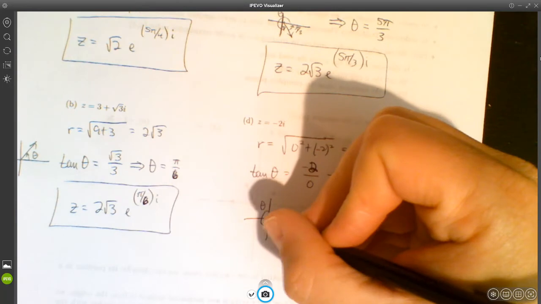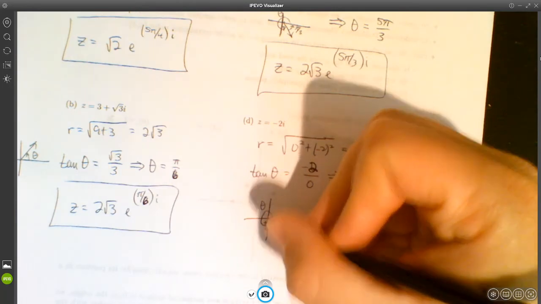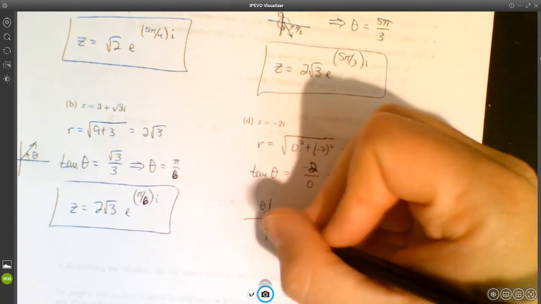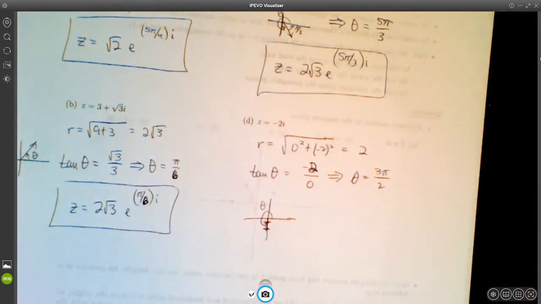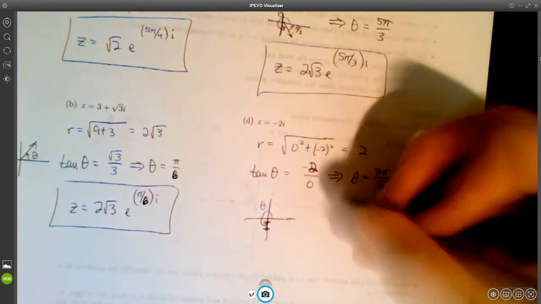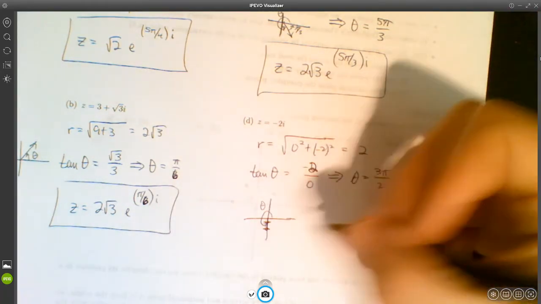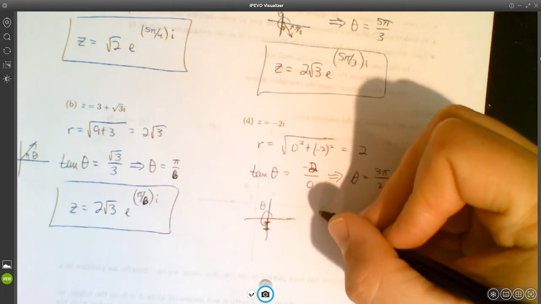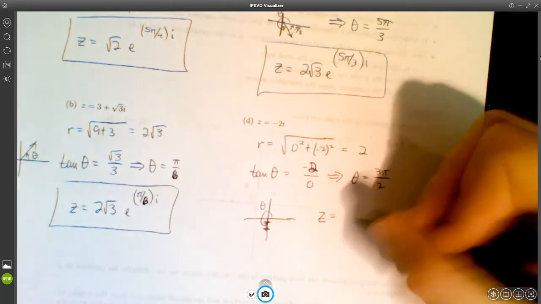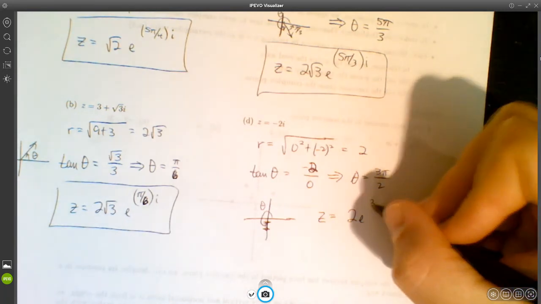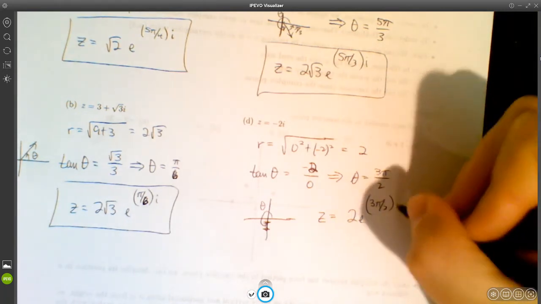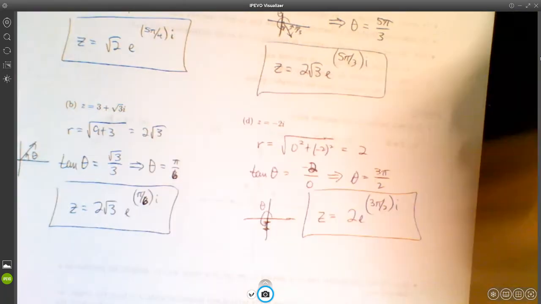R is the distance from the origin to that point. And if you're at negative 2i, then of course the distance is 2. So if you had just drawn the picture, you could have saved yourself some trouble. So z is r times e to the theta i. Okay, so there's that one.